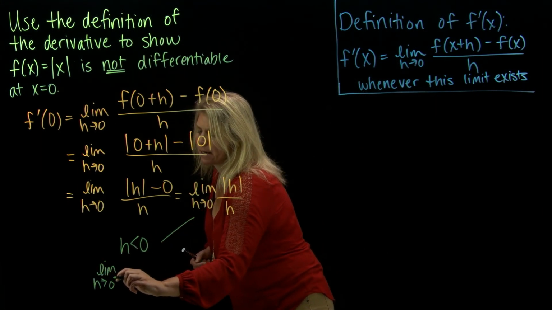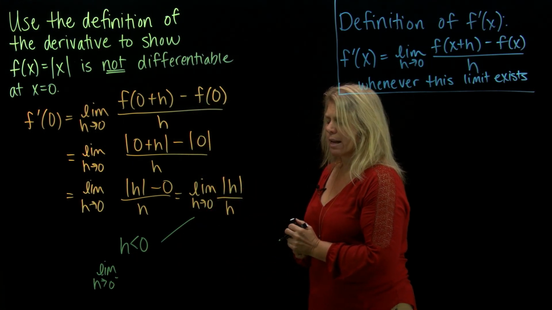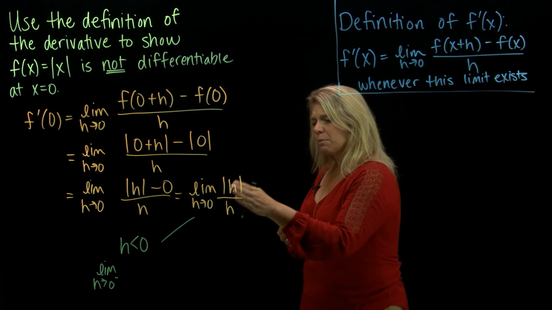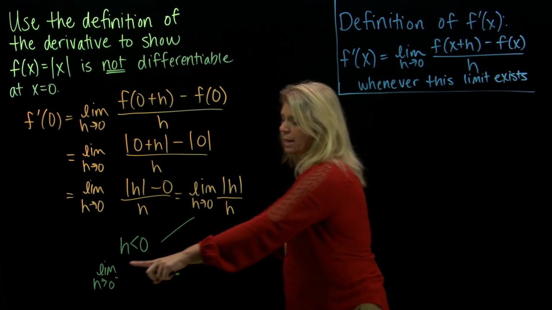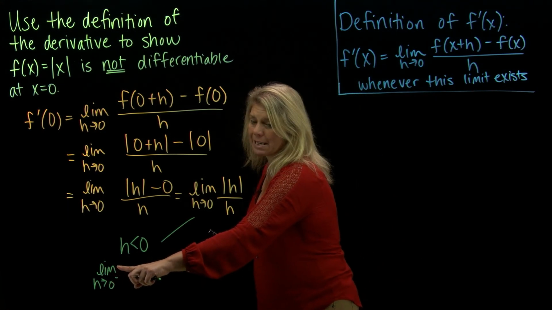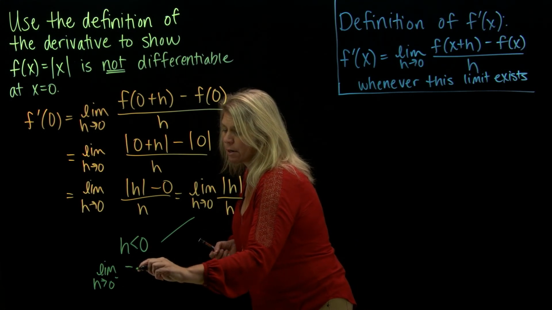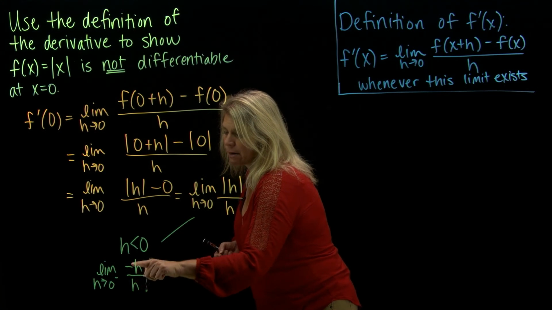So I want to think about this limit when h is less than 0. We'll have the limit as h approaches 0 from the left of the absolute value of h over h. If h is less than 0, h will be negative, and then the absolute value will change it to be a positive number. So it's changing the sign. That's what I've written here with the minus h.